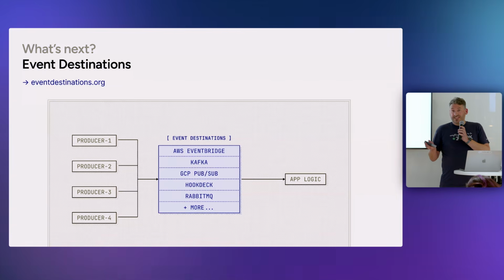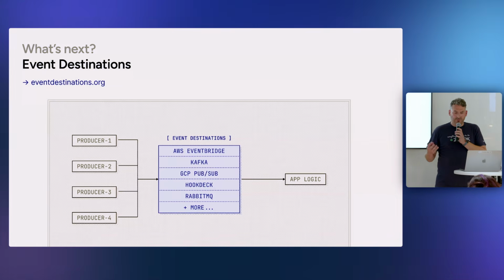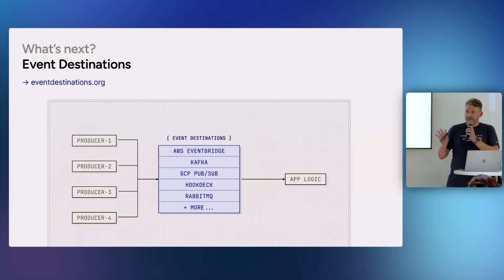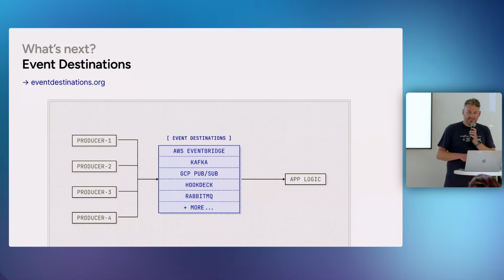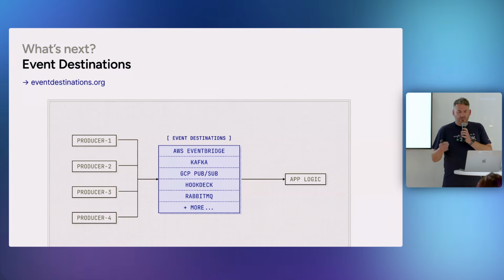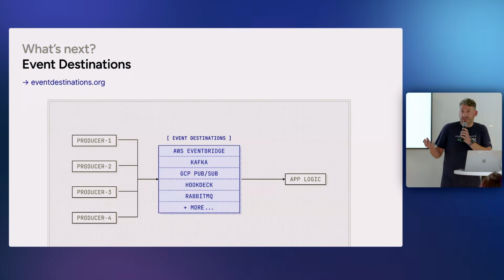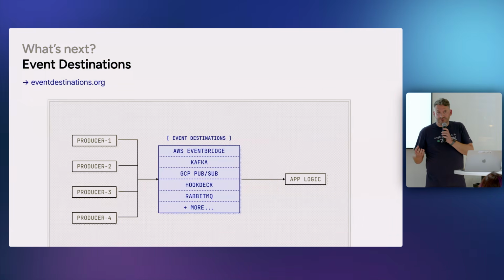So webhooks are limited, right? I've waffled on for 10 minutes about some of the problems with webhooks. Event destinations won't take all the problems away from building event-driven architectures, but they will take some. There's not much standardization around webhooks, although there are attempts to do that. Security is opt-in. You can choose whether you're going to validate a webhook or not, but many don't.